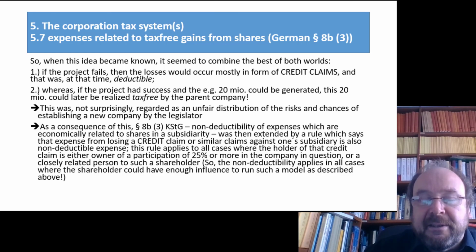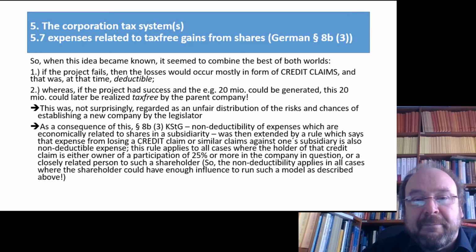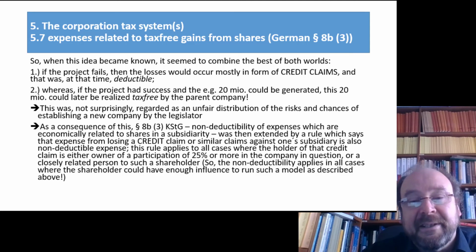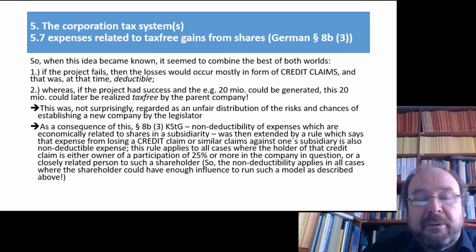In such a case, losing a claim against such a company leads to non-deductible expense, apart from cases when you can talk yourself out of all suspicion that the credit was serving such a tax-saving model as here. So usually the rule is, if a parent company loses a financial claim against a subsidiary company, this is not deductible. That follows from that tax trick which I described to you just now.